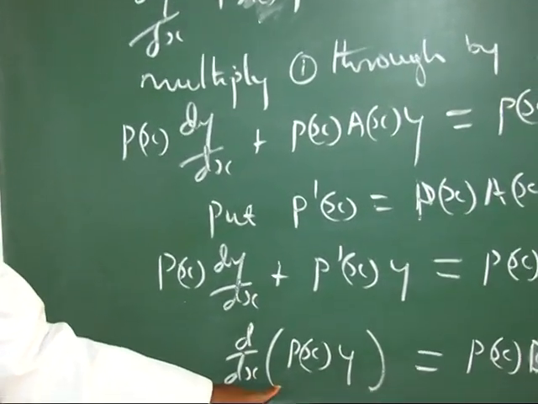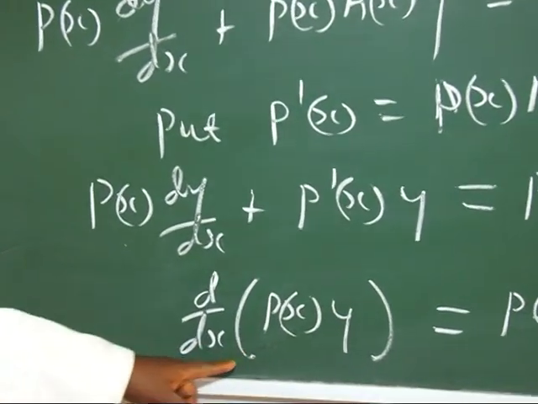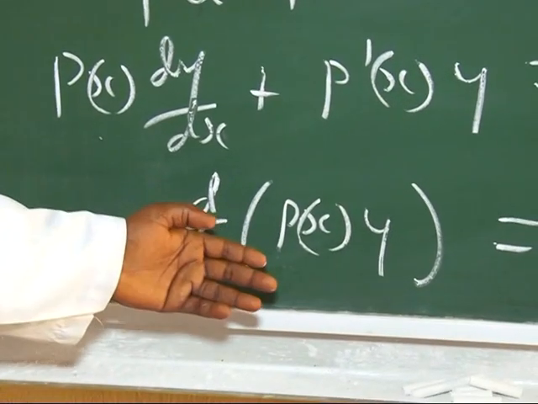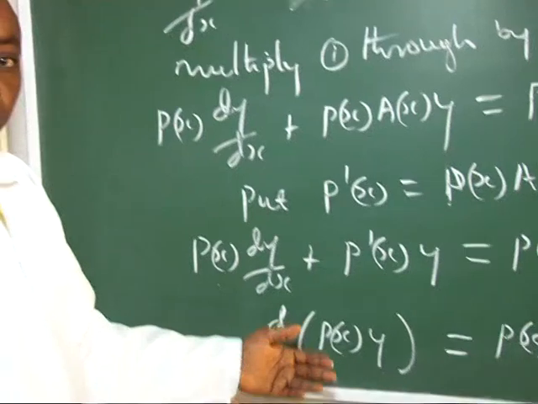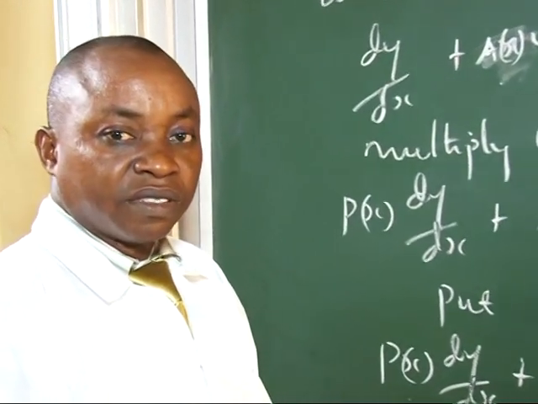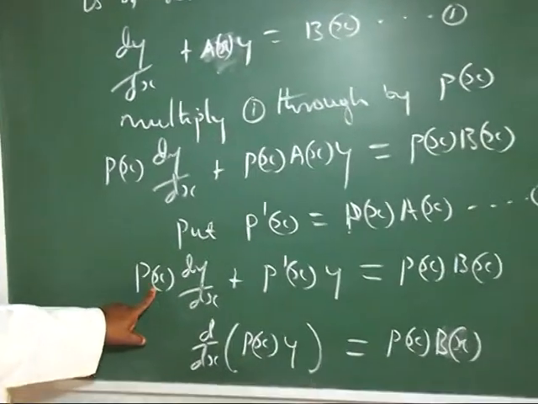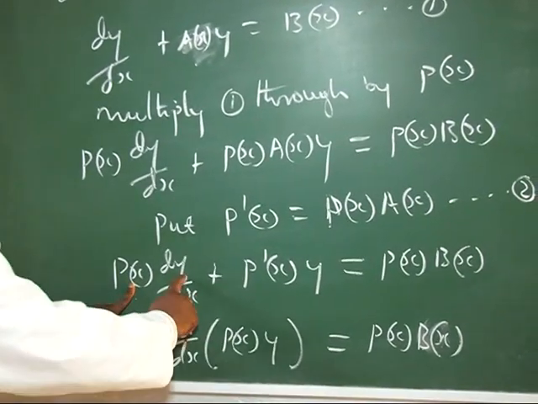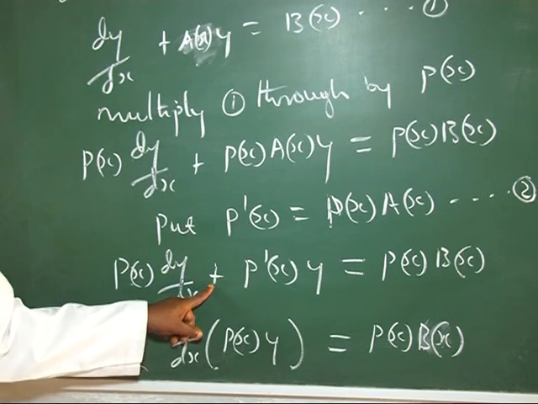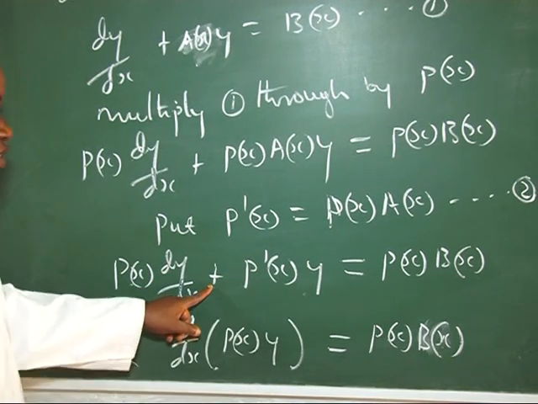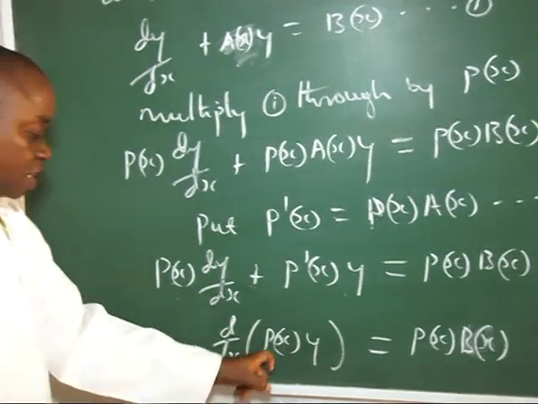That is the meaning of this place. Because with the product rule in elementary calculus, if I have something like this, I will keep p of x, then differentiate y, plus I will keep y, differentiate p of x. So this one becomes this.